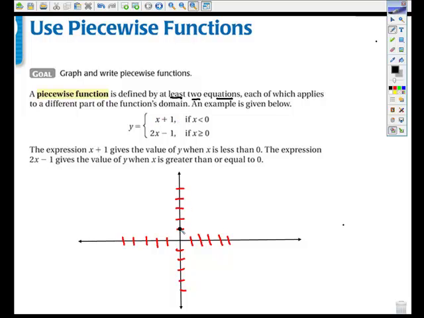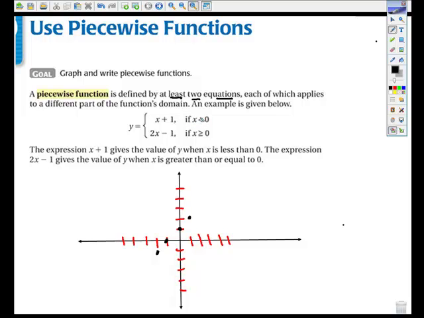So here's my 1, and then I'm really looking at x is less than 0, so I don't really want to go this way because here x is 1. So I'll go this direction. And it says if x is less than 0.